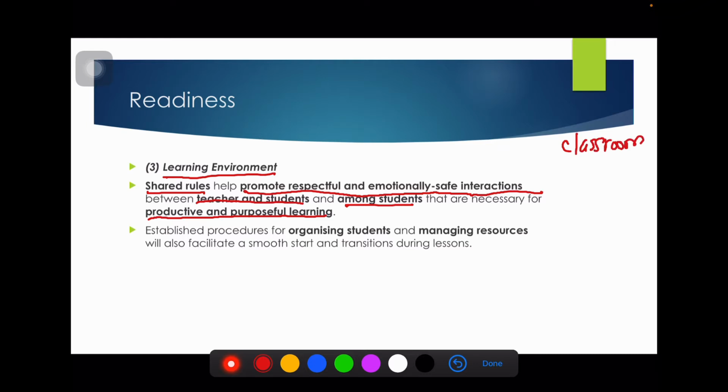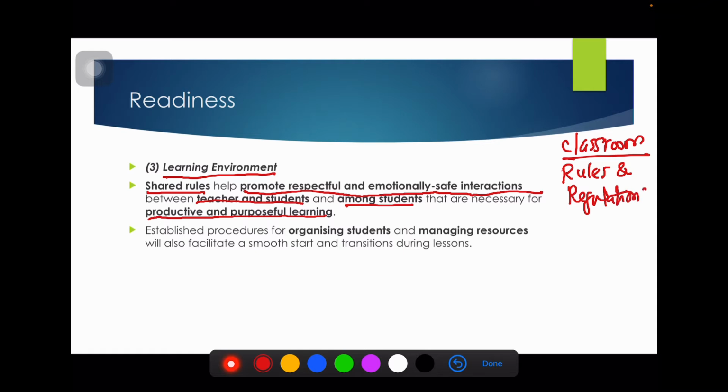If this is a face-to-face environment, if it is an online environment, it will be the child's home and room and his environment. So when in class, you should have what we call the rules and regulations.